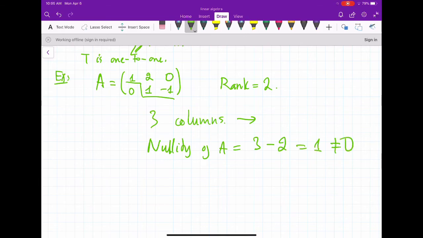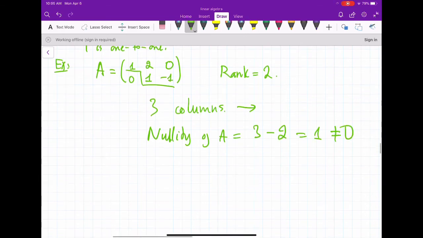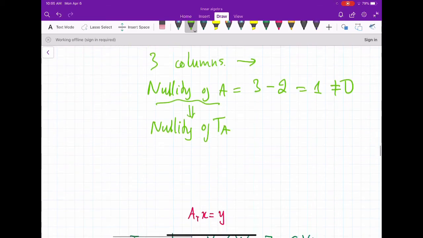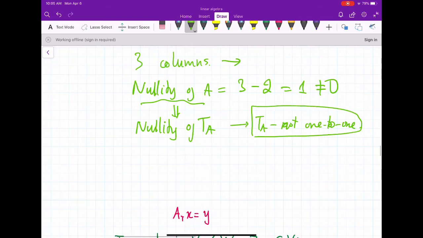Of course, that is not 0. And this is nothing but the nullity of T_A. That means T_A is not one-to-one, because T_A is one-to-one if and only if the nullity of T_A is 0. Makes sense?